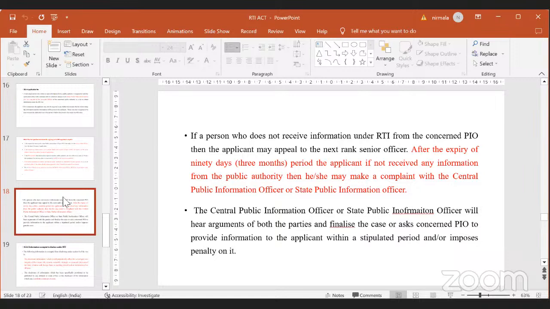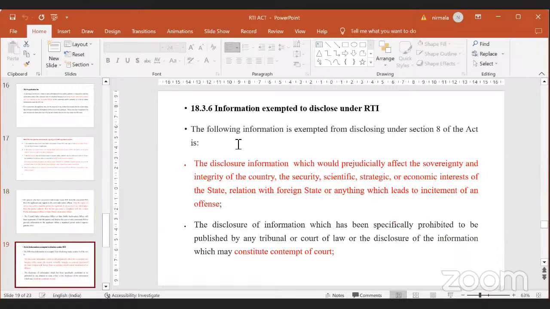And also the Central Information Commission or State Information Commission may impose a penalty on the Public Information Officers.